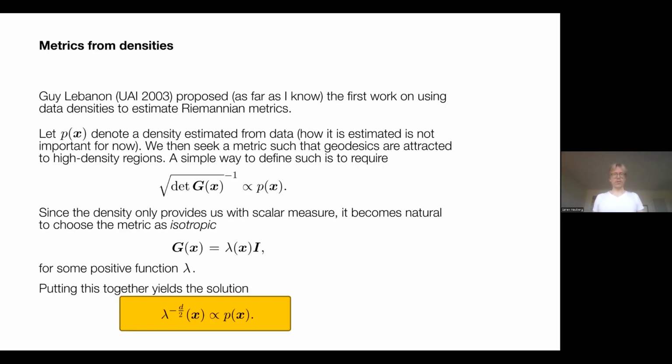So with that, you can shuffle things around, and you quite easily see that this lambda, this scaling of the metric, should simply be inversely proportional to the density, raised to a power of the dimension of your space. Then the equations above are satisfied. This is a really, really simple thing. Once you have a density, you can directly arrive at a metric.